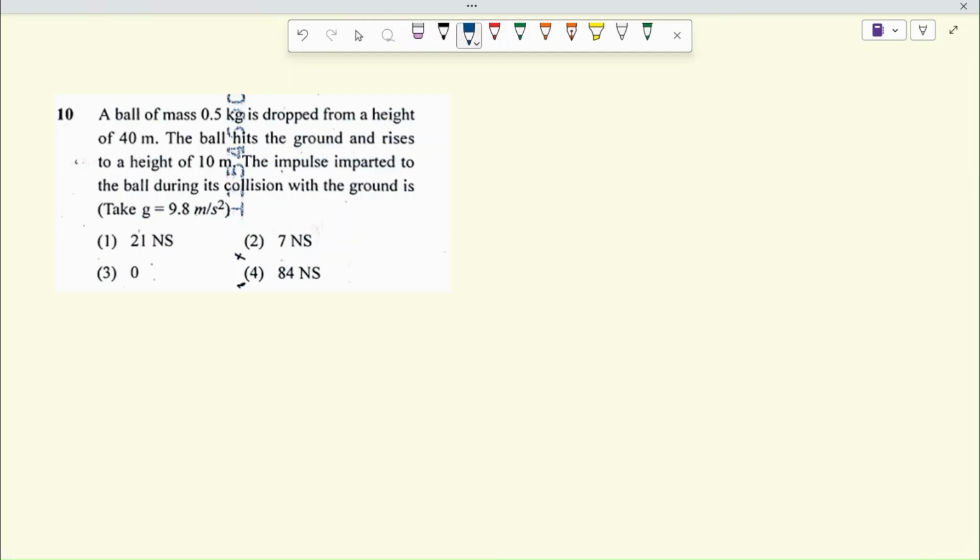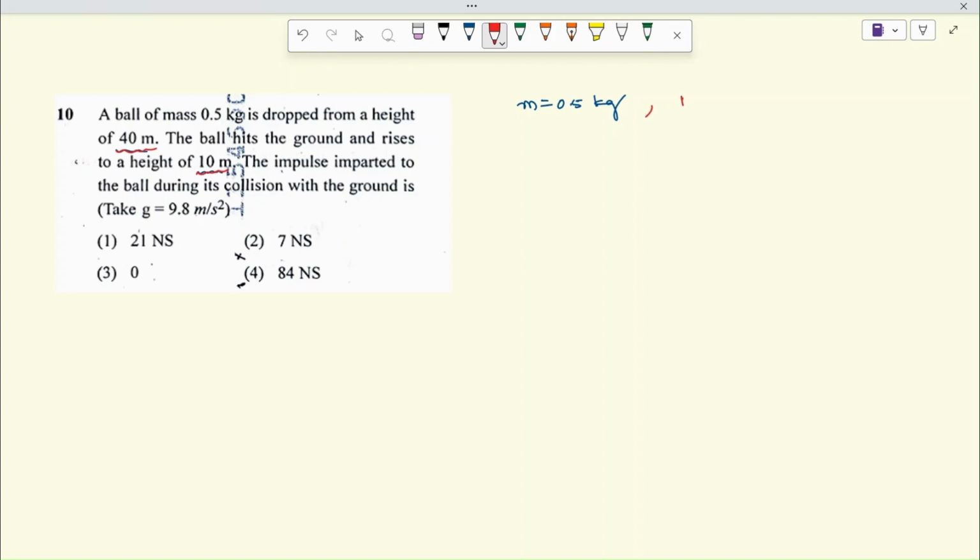10th question. A ball of mass 0.5 kg is falling from 40 meter height, hits the ground and rises to 10 meter. So it is losing some kinetic energy here, obviously. Next, the impulse imparted to the ball during its collision with the ground.